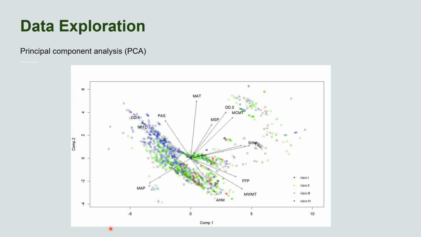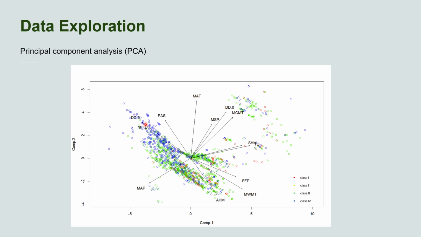After the data transformation, I did the PCA analysis of my climate variables and the plot site index. The plot site index is presented as these different colored dots, and we can find from this PCA that in this direction, the PAS, the DD5, the NFFD, the FFP, MWMT, and AHM climate variables are almost in the same direction as the plot site index.